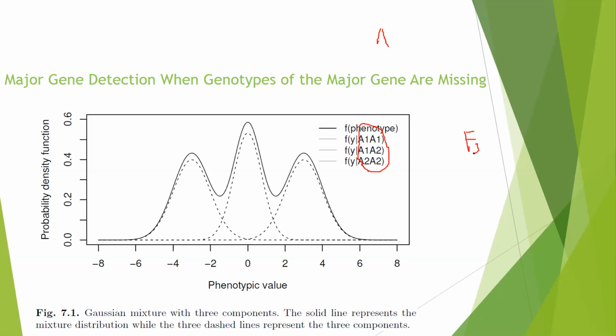If this locus is associated with the phenotype, we can use what we have learned: mu, the midpoint, plus a, plus d, and plus error.